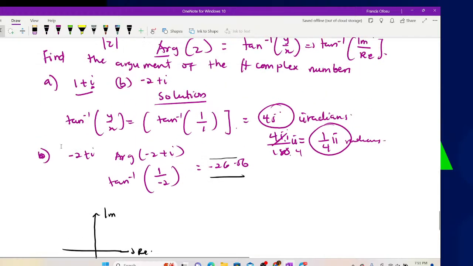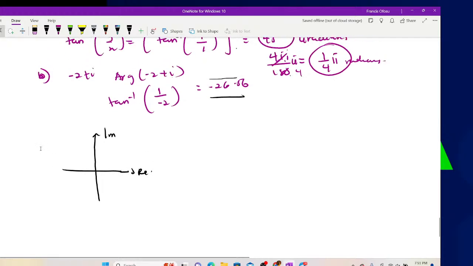The second complex number I got is negative 2 plus i, right? So I'll have my negative real here, and this positive imaginary. So my negative 2 will fall somewhere here, then my 1 will come here. So my complex number will be in the second quadrant. So first quadrant, second, third, then fourth. I'll explain it very soon.